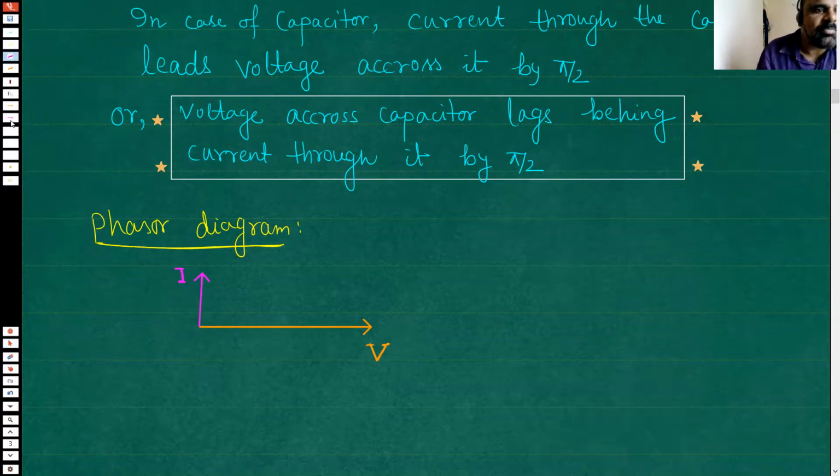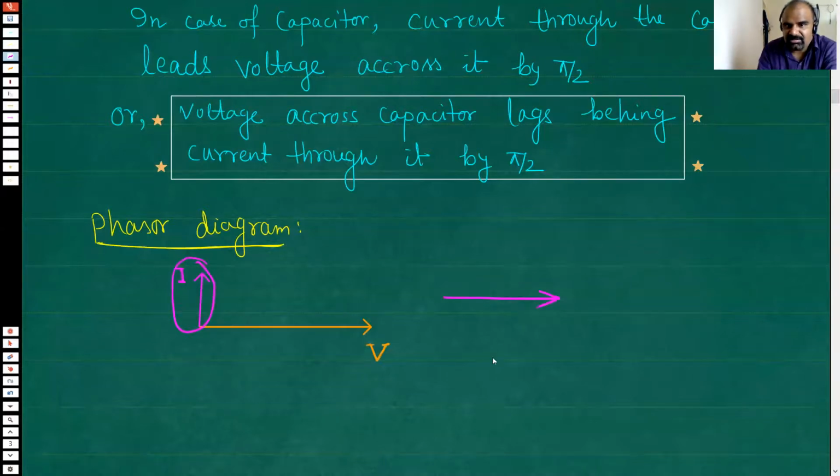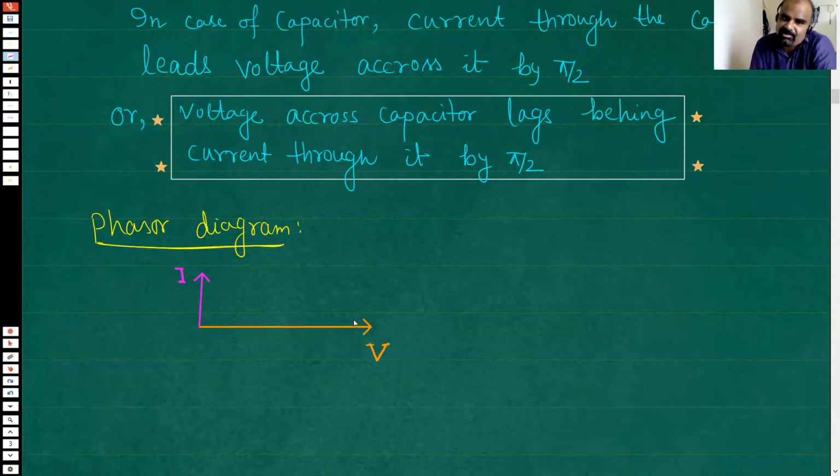Okay. Now, normally when we draw the phasor diagram, we always take the current phasor as our reference phasor. That means we draw the current phasor horizontally. Now you may say, sir, why not the voltage phasor horizontal? Both are correct.